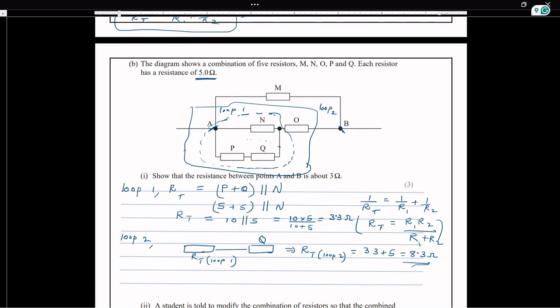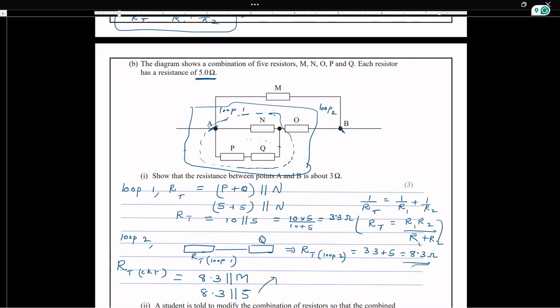Now let us see what is the total resistance of the circuit. So that is R total for the circuit. R total for the circuit means now we have the loop 2 resistance parallel to M. R total is the loop 2 resistor, which is 8.3, parallel to M, which is 5.